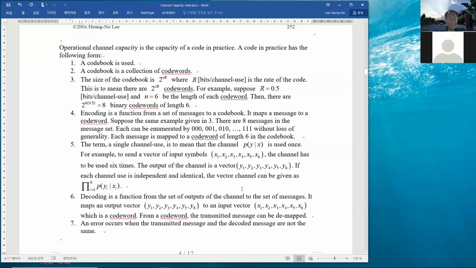That's the end of decoding. An error event occurs when the transmitted message and the decoded message are not the same, then you have a decoding error.